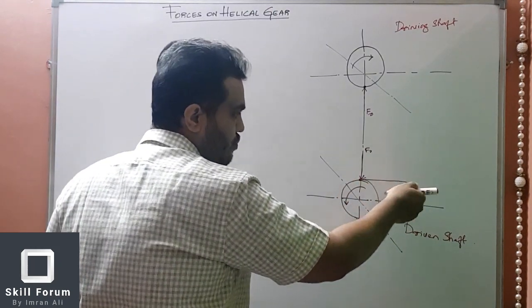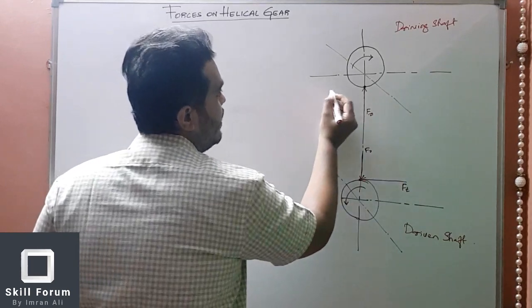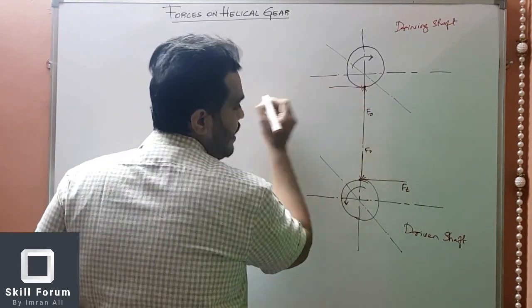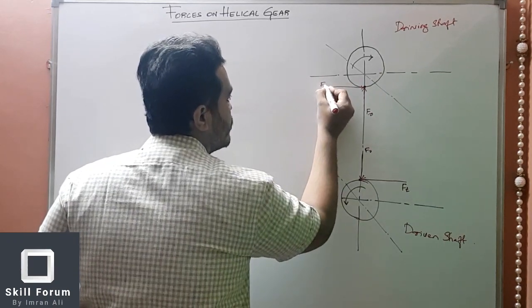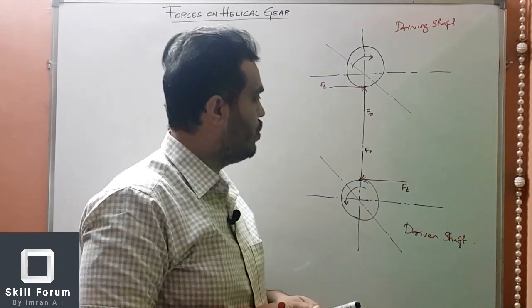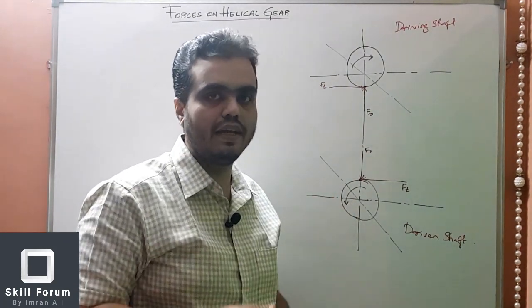If the tangential force of the driven shaft is in this direction, obviously the tangential force of the driving shaft will be in the opposite direction. So this is F_t, right? This is very important, how you have to define the forces in a helical gear, right?